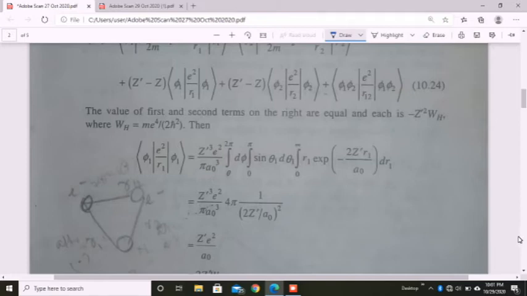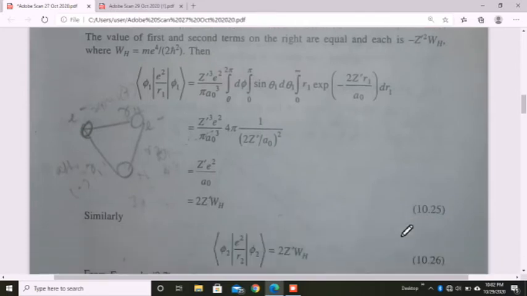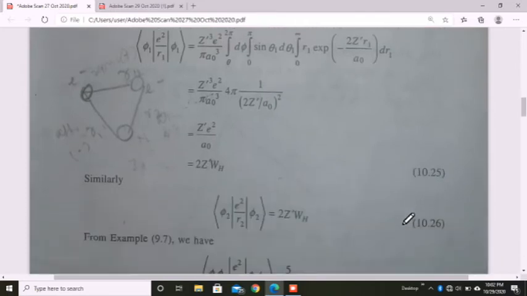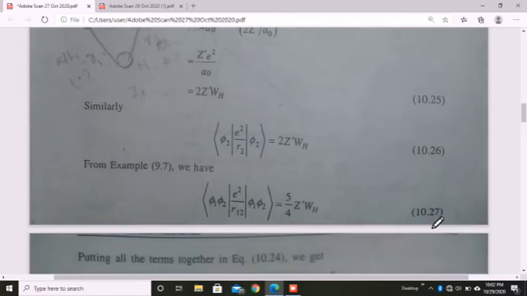Then evaluate each term in the expectation value. First, the values of the first and second terms on the right are equal and each is minus Z prime squared WH, where WH is equal to m e raised to 4 divided by 2 h cut squared. Then integrate the term phi1 e squared by r1 phi1, which gives Z prime cubed e squared by pi a naught cubed, 4 pi into 1 divided by 2 Z prime divided by a, the whole squared.